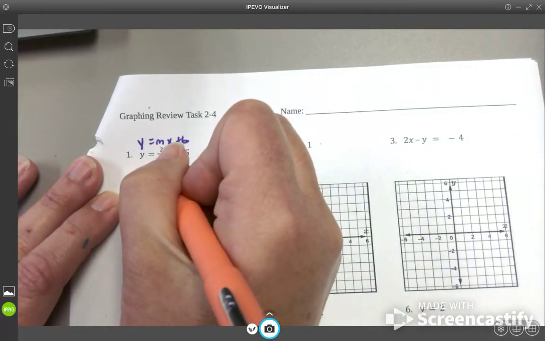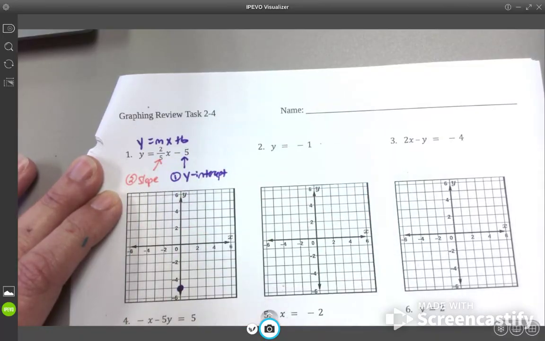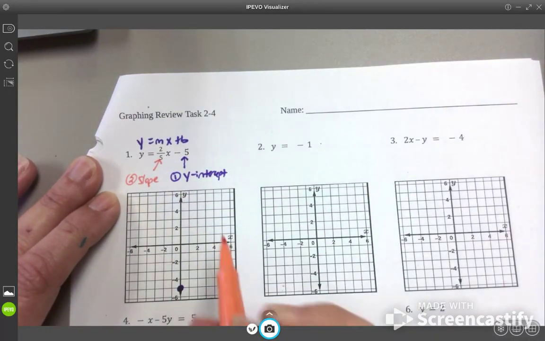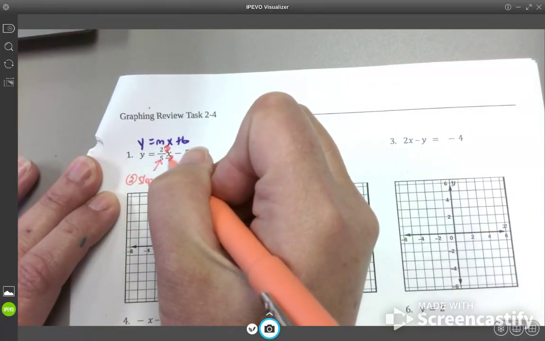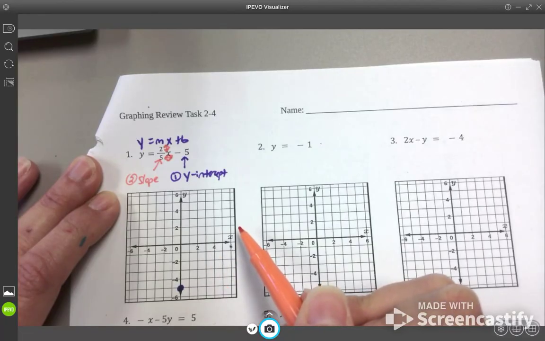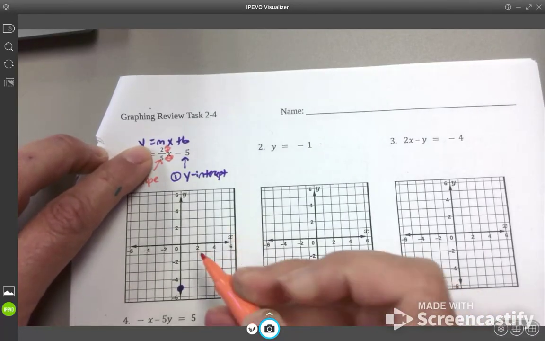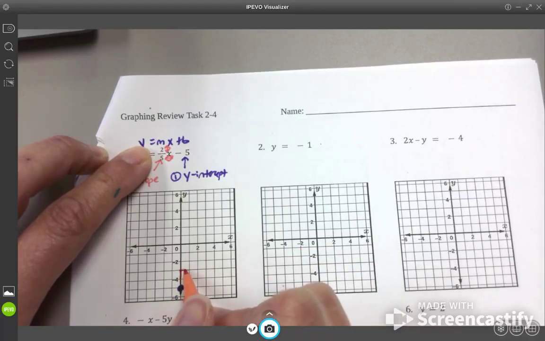Then step 2 is to use your slope from your slope-intercept form. So my slope is 2/5. That's a vertical change of 2 and a horizontal change of 5. I know my line's going up to the right because it has a positive slope. So I need a vertical change of 2 and a horizontal change of 1, 2, 3, 4, 5 before I get that second point.